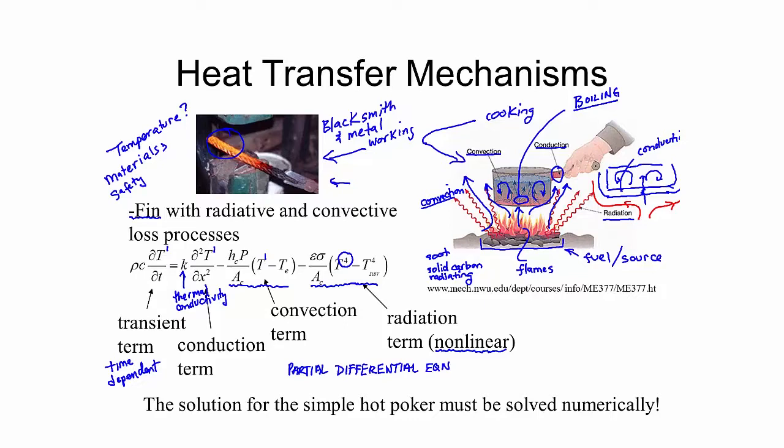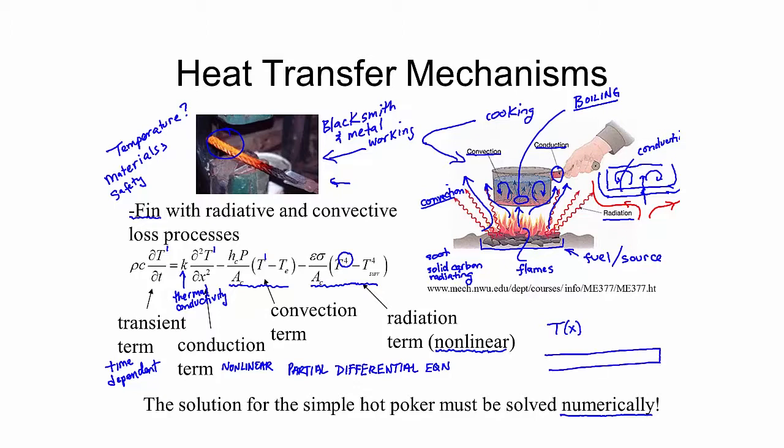And so when we have nonlinear partial differential equations like this, there are not oftentimes simple analytical solutions for these, and we have to solve this numerically. Again, what this would give us if we solve this problem would be the temperature distribution. It would tell us what the temperature is at different values of x, where x is some axial length on this poker.